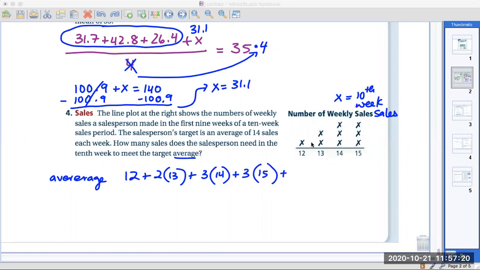Plus our X. And then divide by how many do we have? This was 9, and then the one more is 10. It's 10 weeks. And we want it to equal 14. That's our goal.